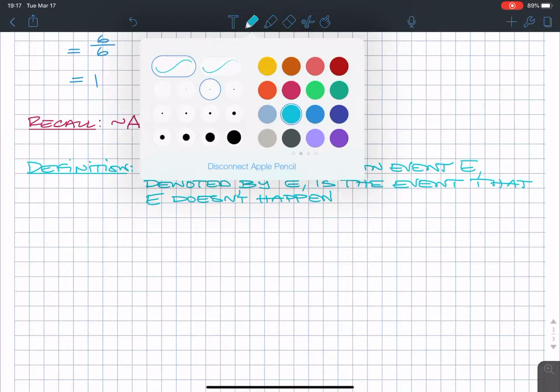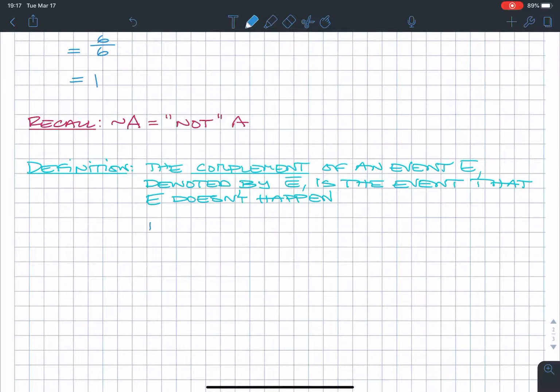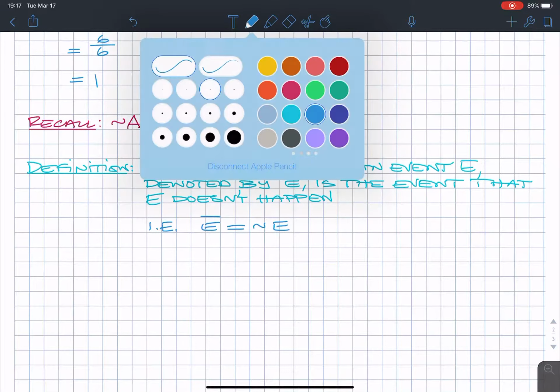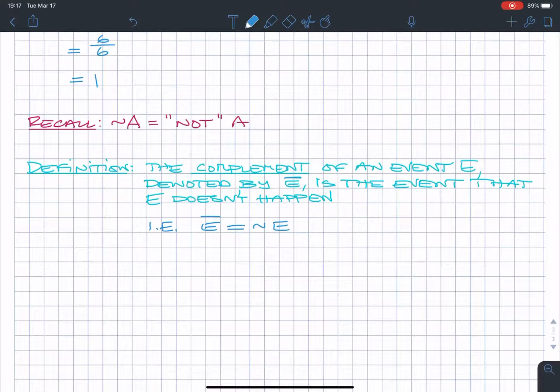So we can think of it as something like E with the bar over it is equivalent to not E, in a sense. So let's make sure we note that there's a bar over the top of it.